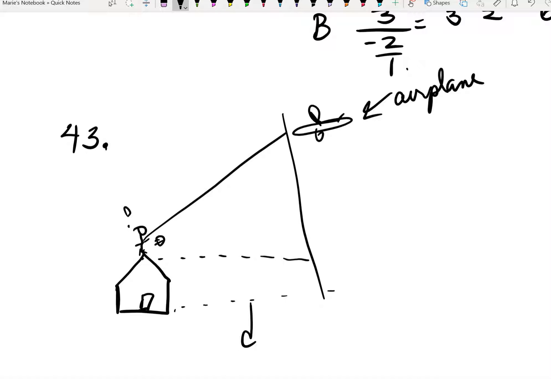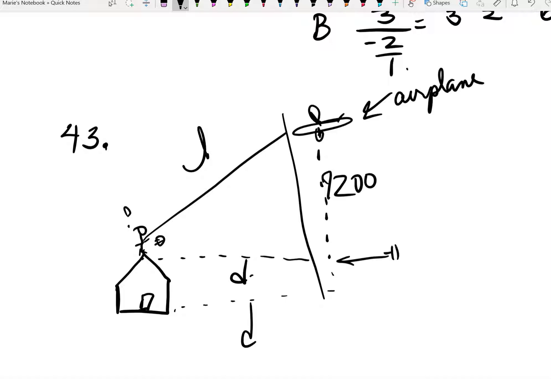What do we know? What are they asking? So we know that the plane is 7,200 feet from the ground, from the ground up. This is D, that's the horizontal distance, ergo horizontal distance. Alright, and they want us to find D. What is the value of D?